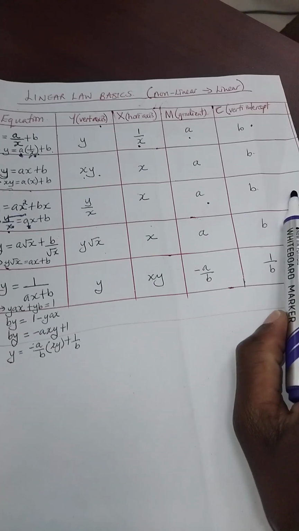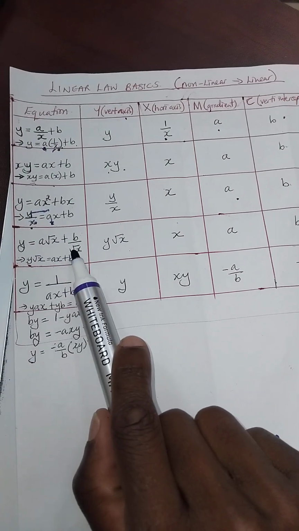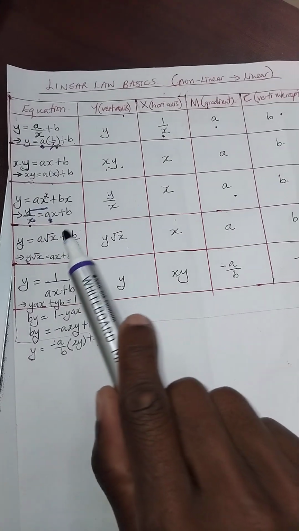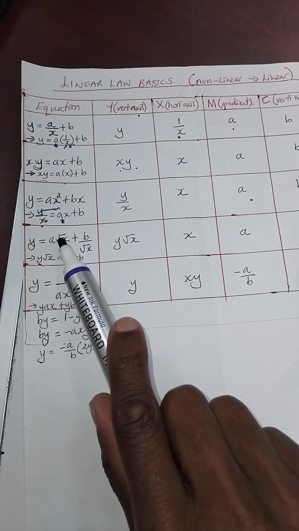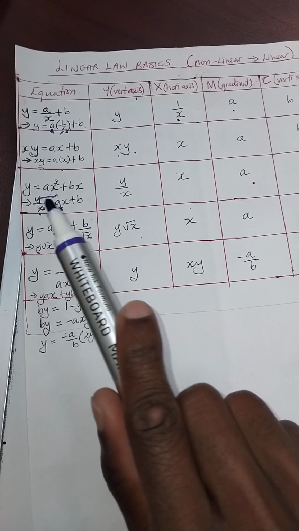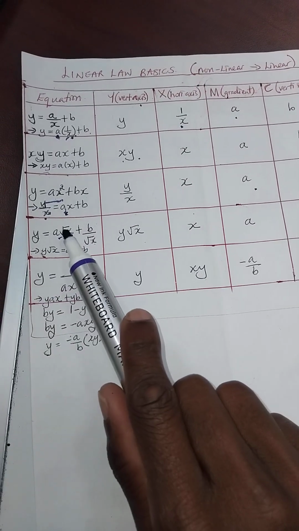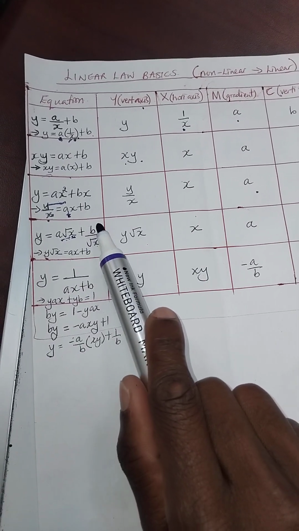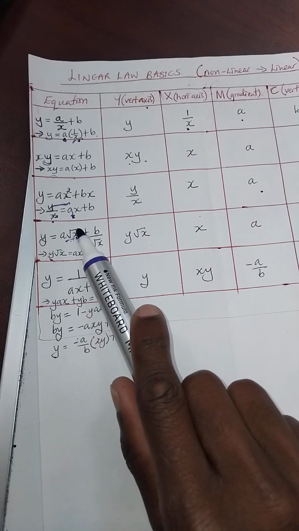That is the form of the diagram. Then for this one, the gradient term must have only x, so we must make it ax, and we multiply each and every term by root x.